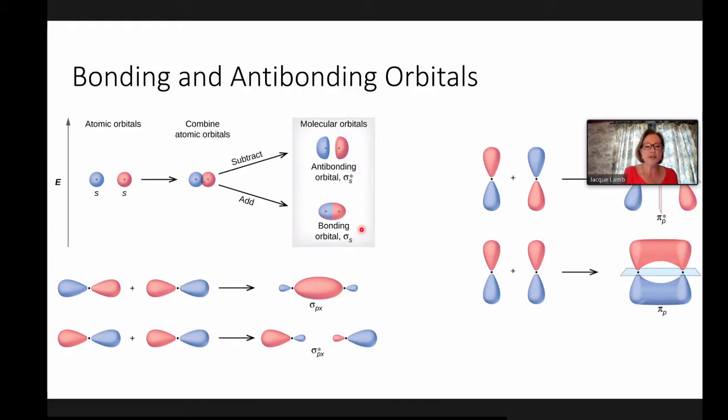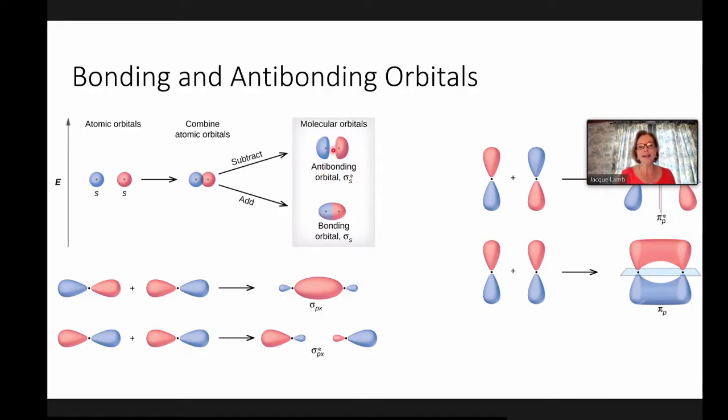If we subtract those, remember we can add or subtract, we create regions in space where most of the electron density is outside the two nuclei. Thus, these two nuclei are sort of repelling each other.